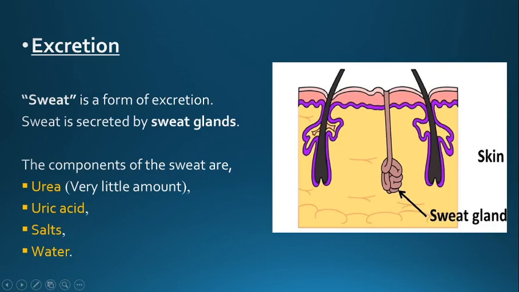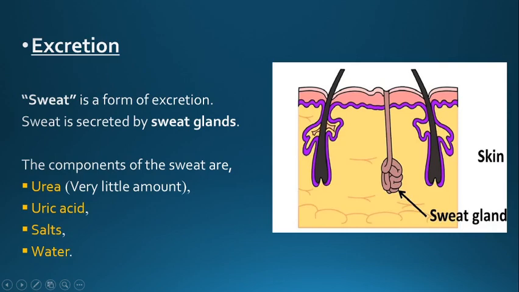Sweat is the form of excretion which is done by the skin. Sweat is produced inside the sweat glands. You can see here the appearance of a sweat gland. It is a coiled tube-like structure and it opens to the surface of the body. Through this tube, the sweat produced in the sweat gland comes out of the skin.